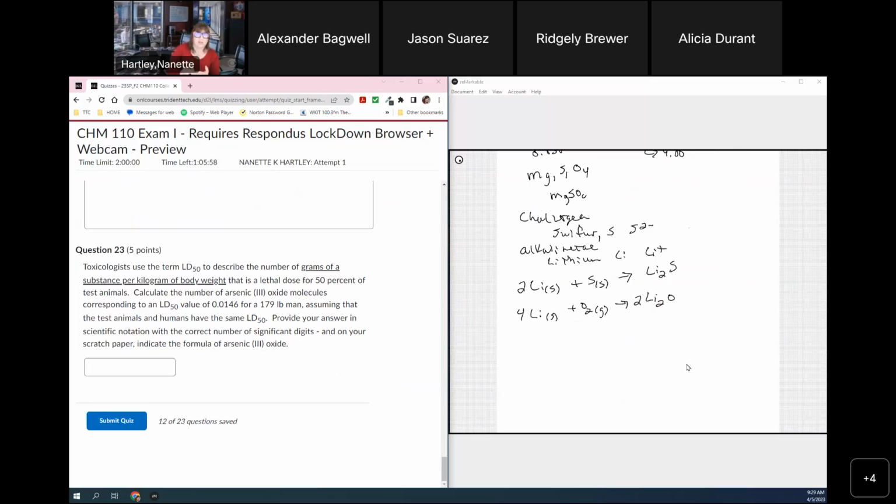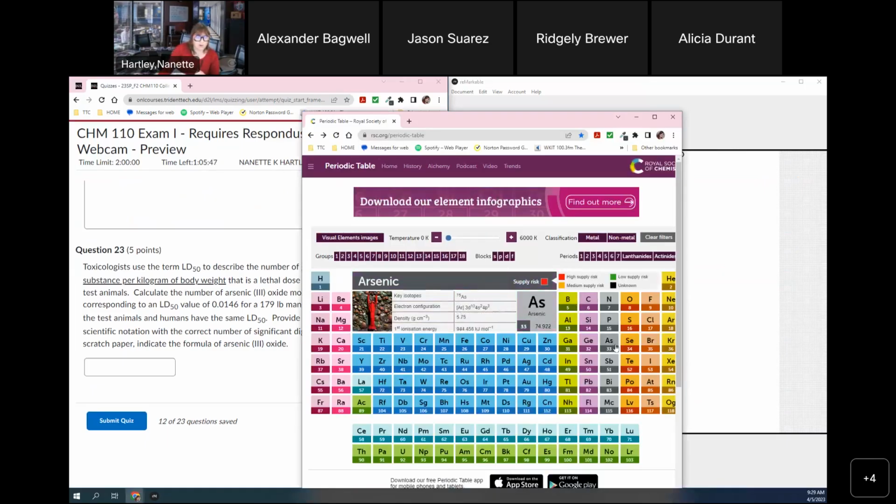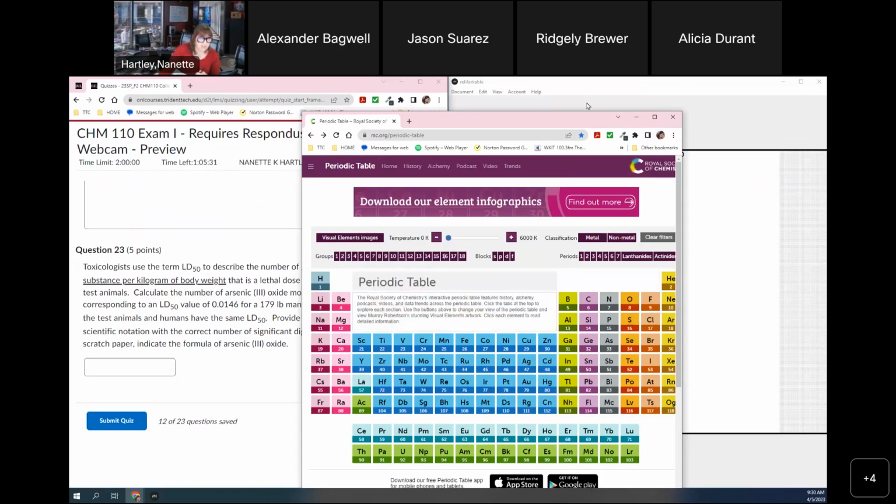One of the things that they asked me to do is provide the formula for arsenic-3 oxide. If I want to do that, I need to look at my periodic table, because I got to find arsenic. So arsenic is right here. He's As. I know that he's arsenic-3, and if he's 3, that means he's a 3+. Now, oxide, again, O, he's a -2.